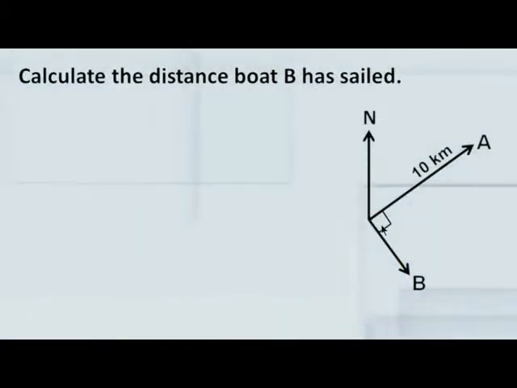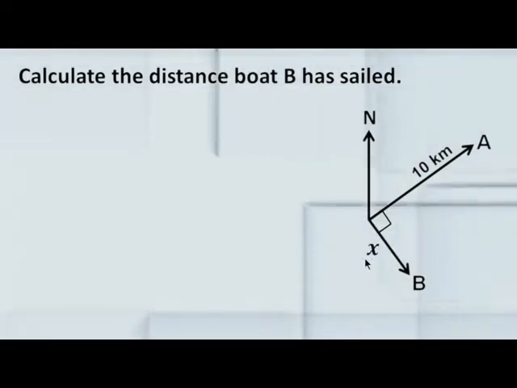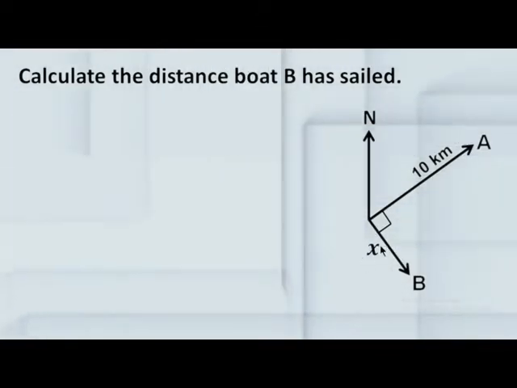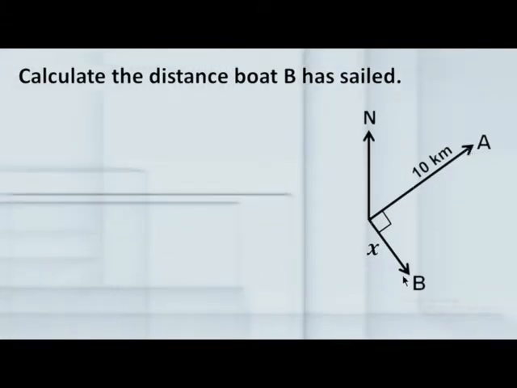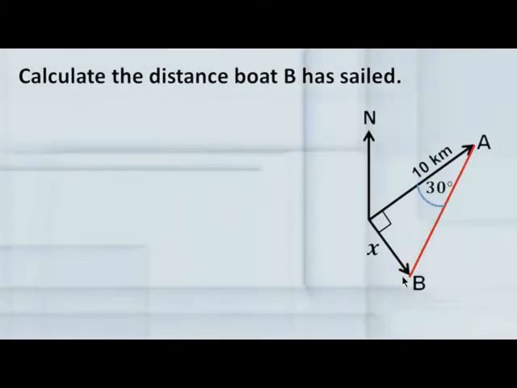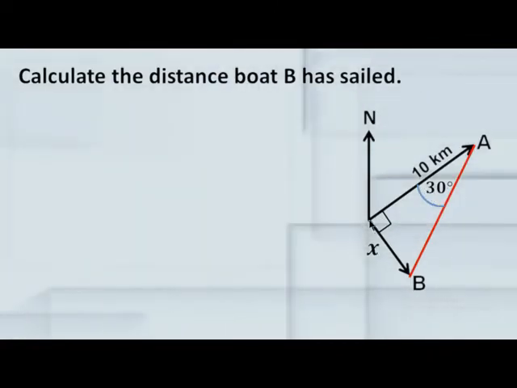So now we're going to find the distance boat B has sailed. So we're going to find the value of x. Remember, from the problem we know that the angle from the starting point to boat A to boat B is 30 degrees. We are going to find the opposite.